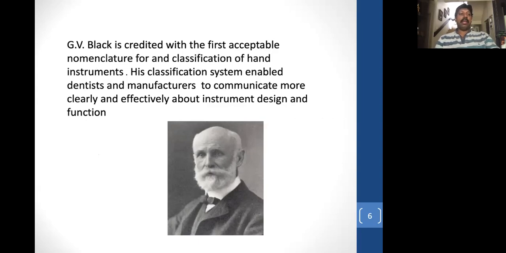He is the one person who did a lot of investigations and research for conservative dentistry. That is why you see that all work related to conservative or operative dentistry gives a major share to G.V. Black. His classification of hand instruments and his nomenclature were given by him majorly.